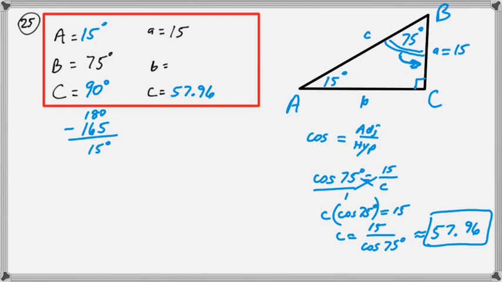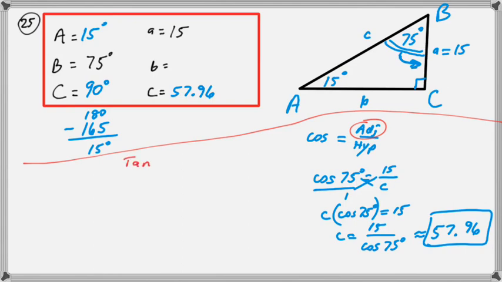Now I'm going to ask somebody else for another trig that involves adjacent. Ryan, what do you think? Another one involving adjacent. How about TOA? Tangent is opposite over adjacent, right? Yes. Okay, so could I say the tangent of 75 degrees equals opposite, which is b, over the adjacent of 15?